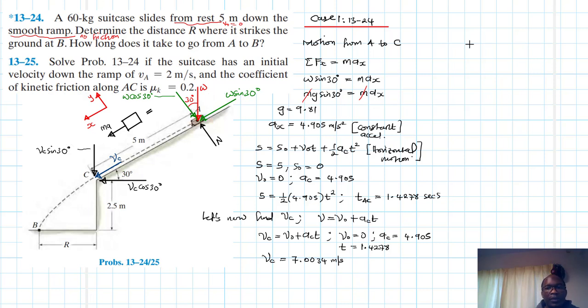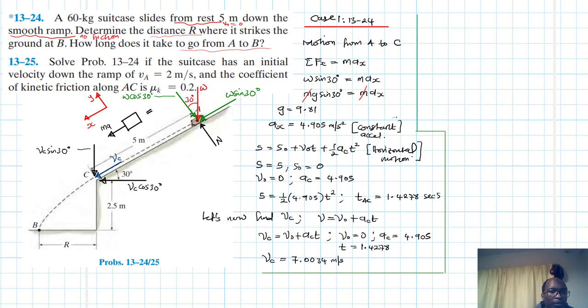Okay, let's create a boundary here so that we solve the other part of the problem. Let's also write down the reference for the other part of the problem, which will be like so.